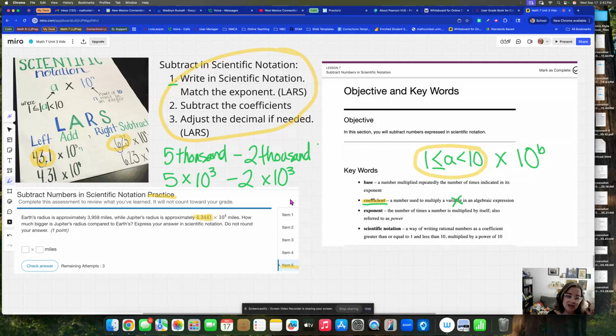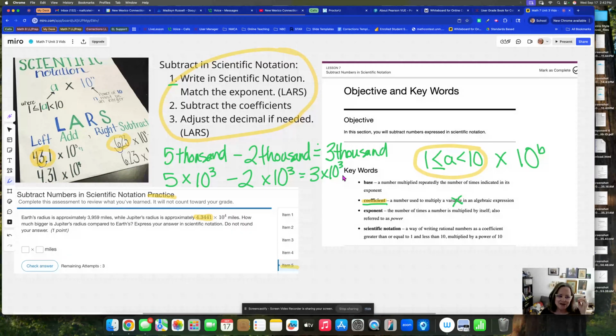If your power of 10 matches, you're subtracting the same thing, thousands, 10,000s, millions, billions, okay? You're aligning the place value when you do that, okay? And then you can just subtract the numbers. And now you get 3,000, also known as 3 times 10 to the third power.